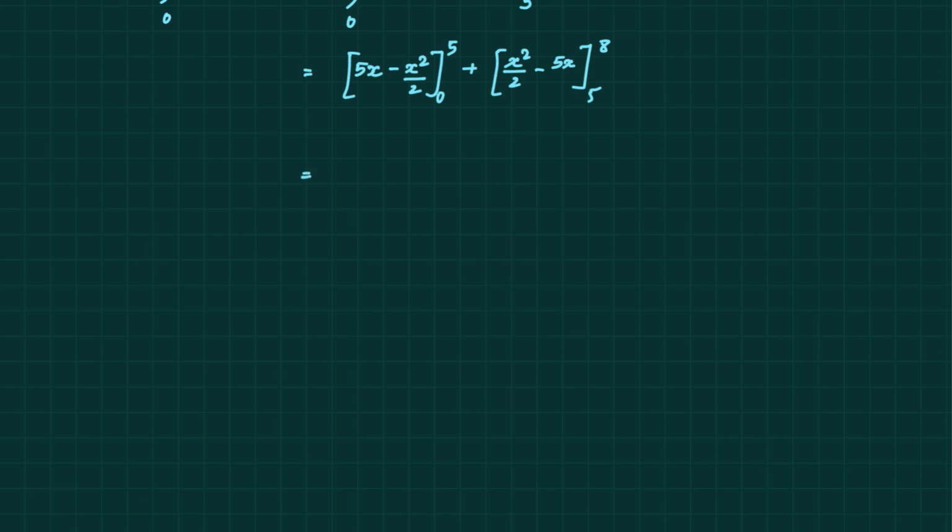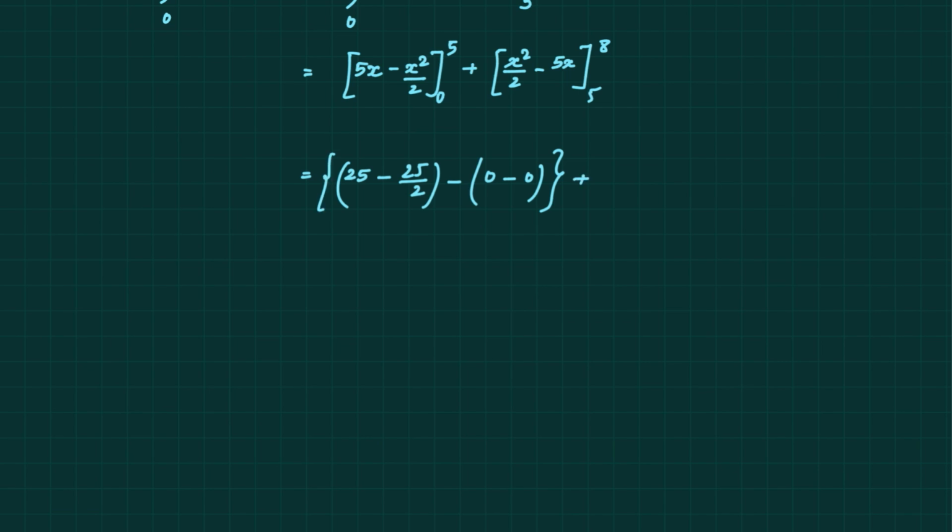So putting the upper limit, that is 5, it will be 5 into 5, that is 25, minus 5 square by 2, which is 25 by 2. Then we subtract and put the lower limit, that is 0. So 5 into 0 is 0, minus 0 square by 2 is 0. So here I open the first term.